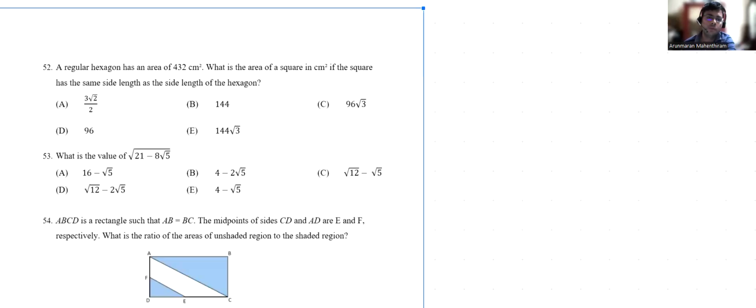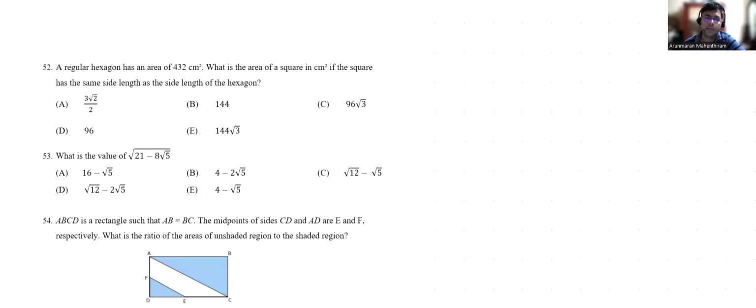Question number 52. A regular hexagon has an area of 432 centimeters square. Regular hexagon. So the hexagon I draw like this. Regular hexagon means all the six sides are of equal length.